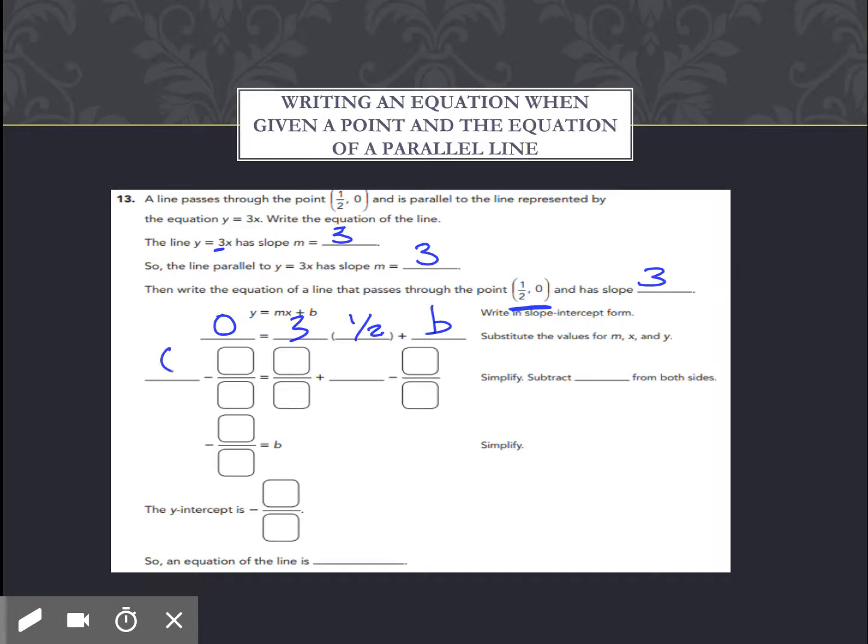So right now we have 0, and we're going to subtract 3/2 from both sides for inverse operations. Again, on this side, it will cancel out. So we'll have a b of negative 3/2. The y-intercept is negative 3/2. So again, our equation is y equals positive 3 for your slope, x minus 3/2.